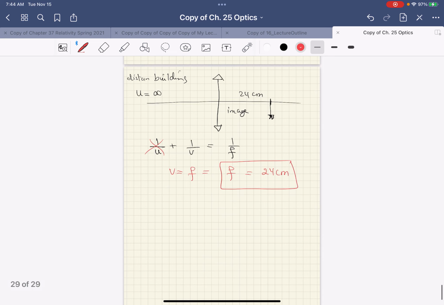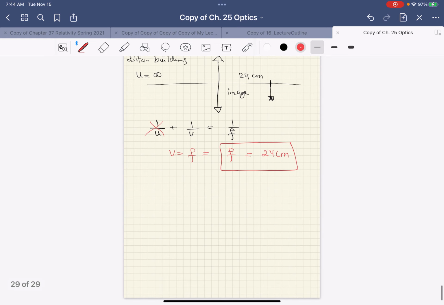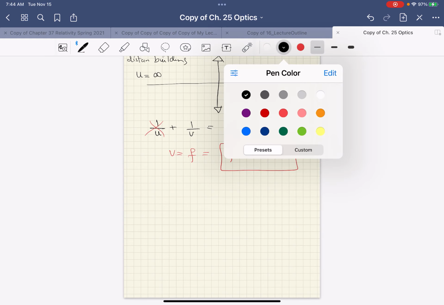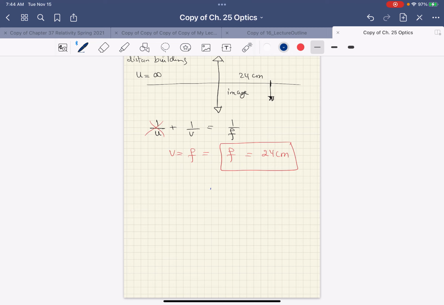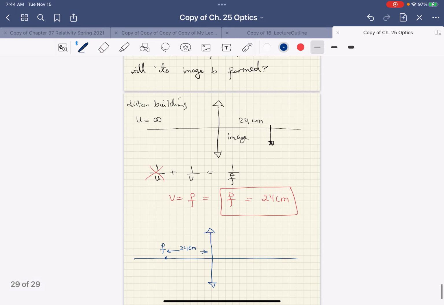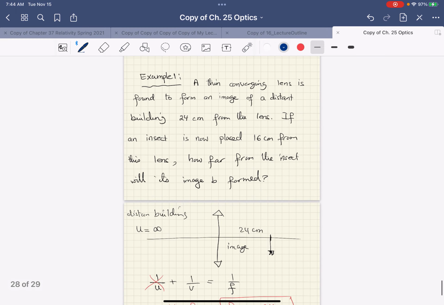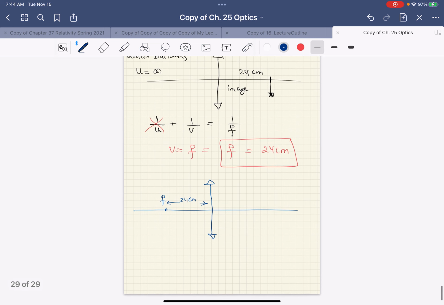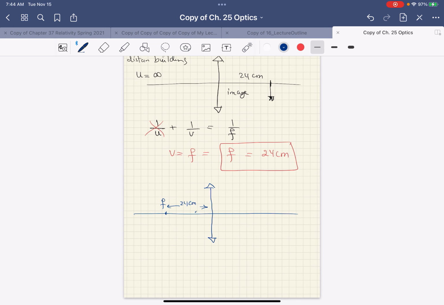Now let's go back to the insect. For the insect, this is my lens, and its focal length F is 24. I know that the insect is at 16 centimeters from the lens, so it is somewhere here maybe.